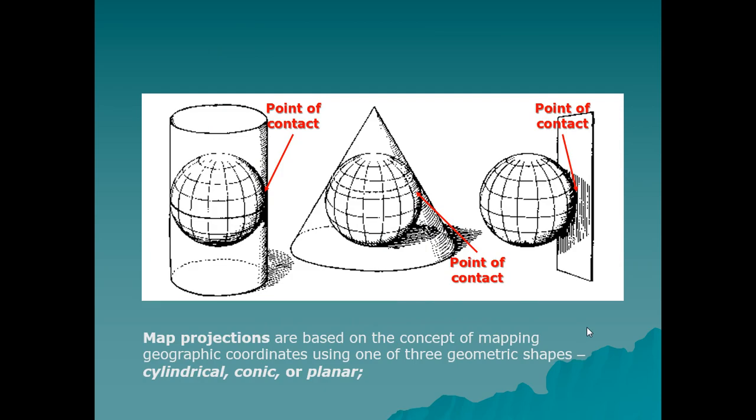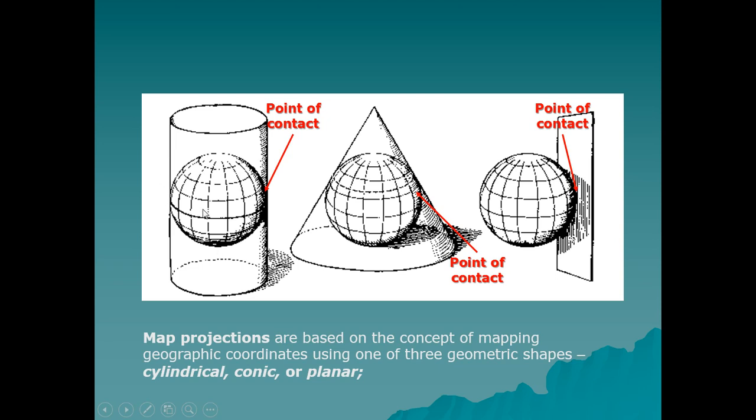So we can place map projections into three categories. Map projections can be cylindrical, that would be represented by this figure here. It may be conic, which is the one in the center, or it may be planar, which would be this figure here on the diagram. Now, cylindrical: imagine you have a cylinder encircling the Earth. If you follow with me on this diagram, imagine this is the North Pole and this is the South Pole.